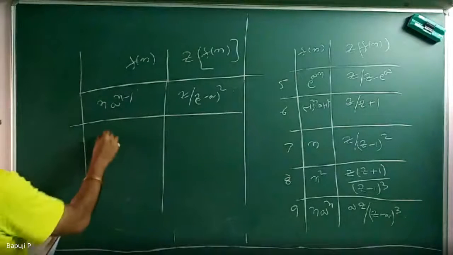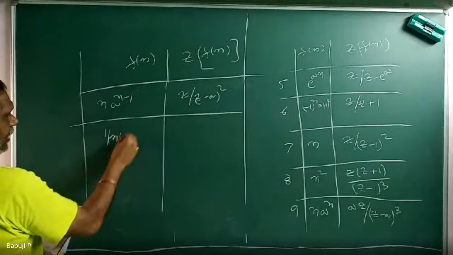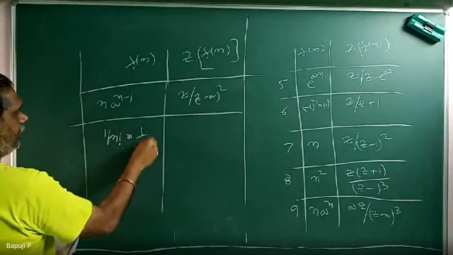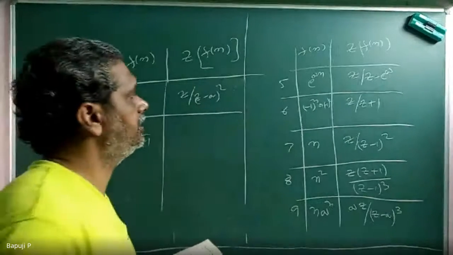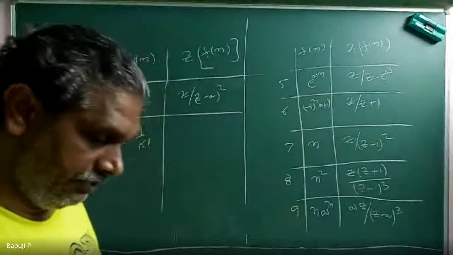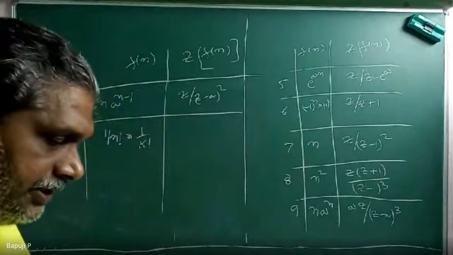Then 1 by N factorial or 1 by K factorial. What I am writing with N, the same thing you can write with K. Some textbooks use N, some textbooks use K.